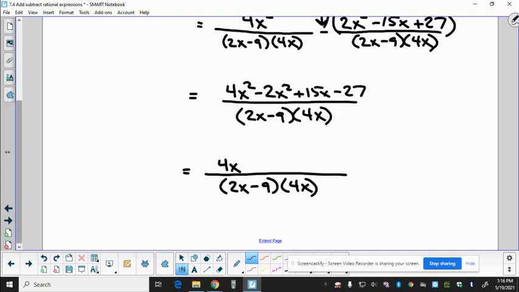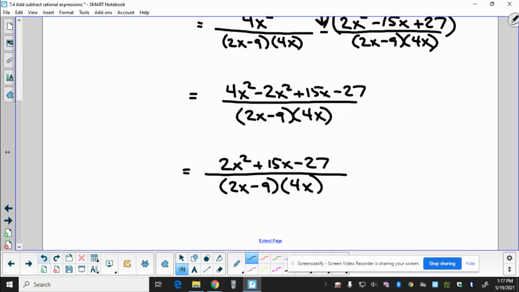Combine like terms carefully. I did that wrong right off the bat, didn't I? 4x squared minus 2x squared is 2x squared plus 15x minus 27. And that might be the end of that problem.